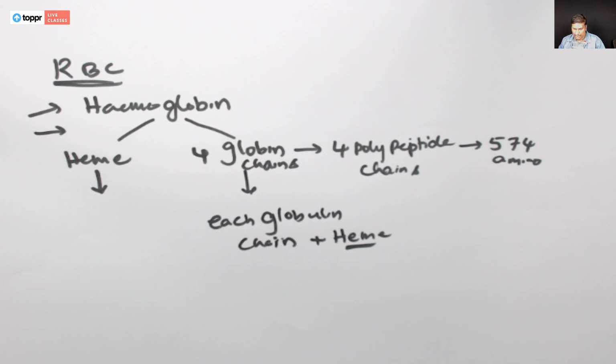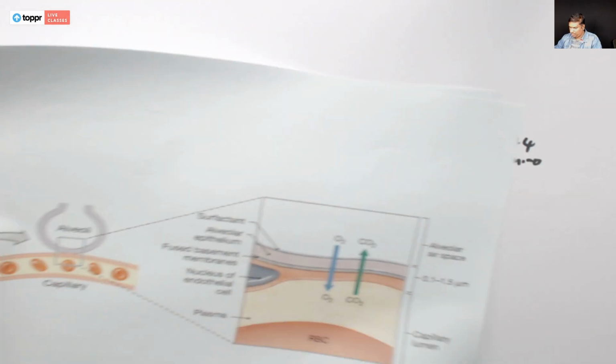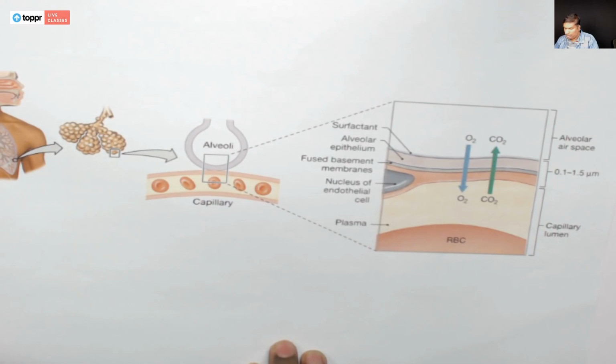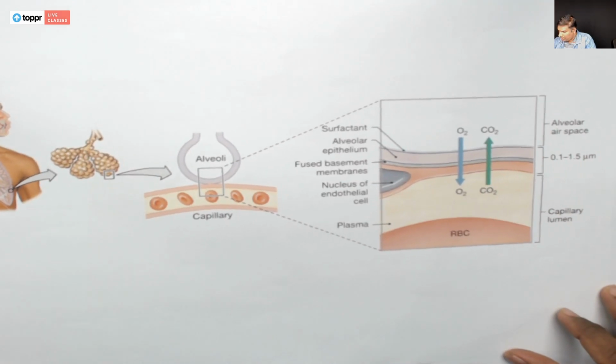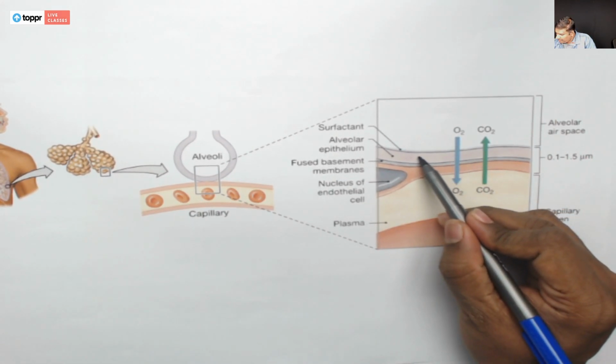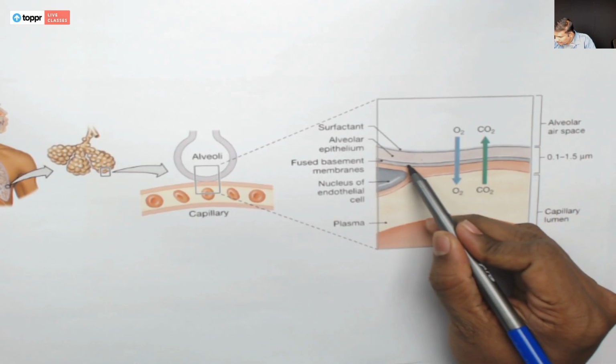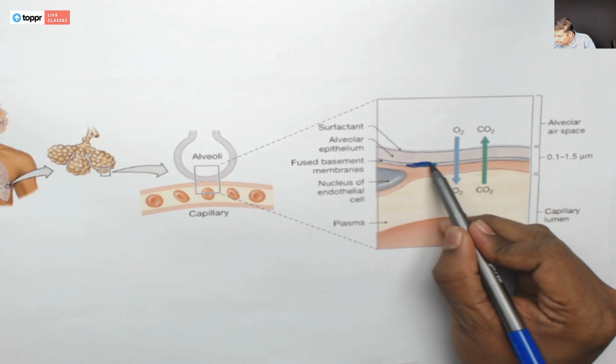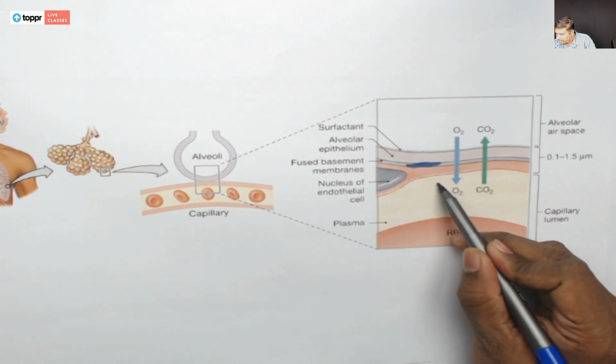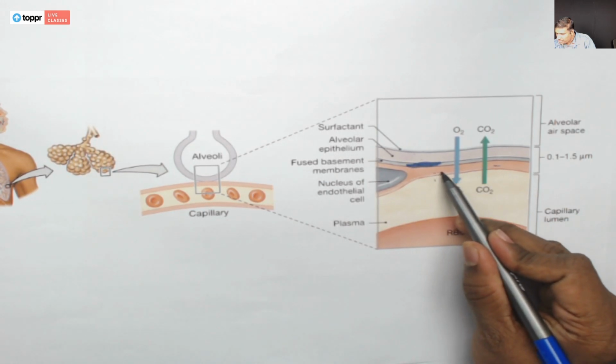Right, so you can see here this is what is happening. For now we'll just look at the oxygen part. You have the alveolar epithelial layer, and then this part is your basement membrane, and right next to the basement membrane is your capillary.